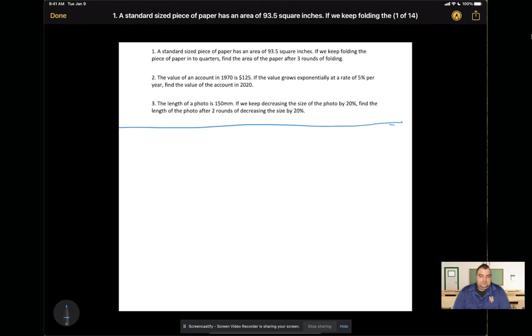Number 1: a standard sized piece of paper has an area of 93.5 square inches. If we keep folding the piece of paper into quarters, find the area of the paper after 3 rounds of folding. So, we're going to use our formula here. Our A value is your initial value, the initial area of the piece of paper, which is 93.5.